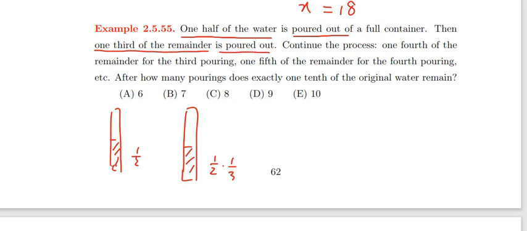So how much is left? 1/6 is poured out, right? So then for the second time, let's just check what is left. First one is 1/2. Second one, then what is left is 1 minus 1/6, which is 5/6.